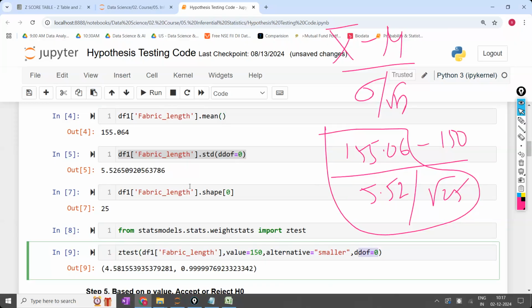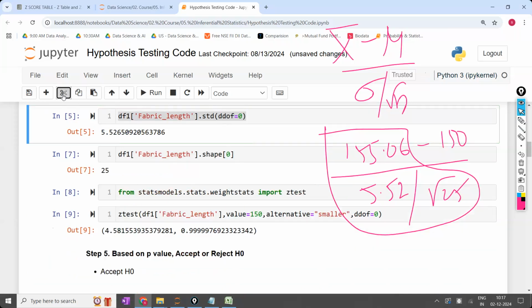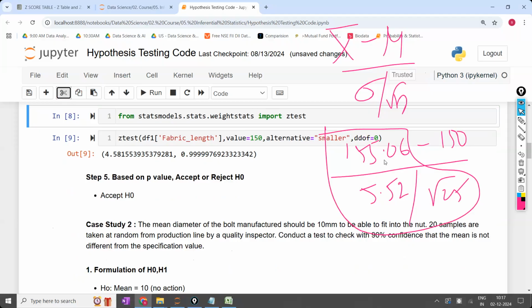These three lines are internal to this function. You don't need to write these three separately; I have shown you for understanding purposes. Internally the function will calculate the x bar value and the population standard deviation based on the given data. You only have to give the value for which it has to apply the hypothesis test, that is 150, and whether it is a left tail test or right tail test.